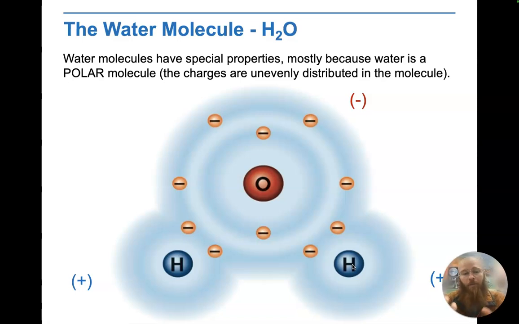And so since positives attract negatives, my electrons are now going to really stay closer to that high pulling 8 proton nucleus of my oxygen, right? So they're going to gravitate here. And so that's where you see this partial negative charge on your oxygen, and that's going to leave a partial positive charge for each of my hydrogens because most of the electrons have gone towards the oxygen nucleus.